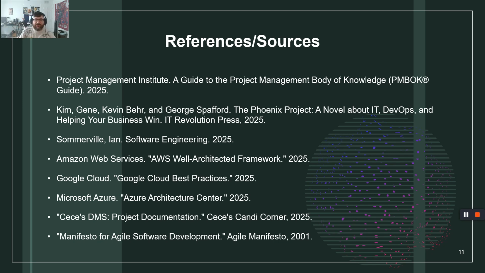I used Amazon Web Services, their AWS Well-Architected Framework article, Google's Best Practices article, the Azure Architecture from Microsoft Azure, the project documentation of CC's inventory management system, as well as the Manifesto for Agile Software Development.